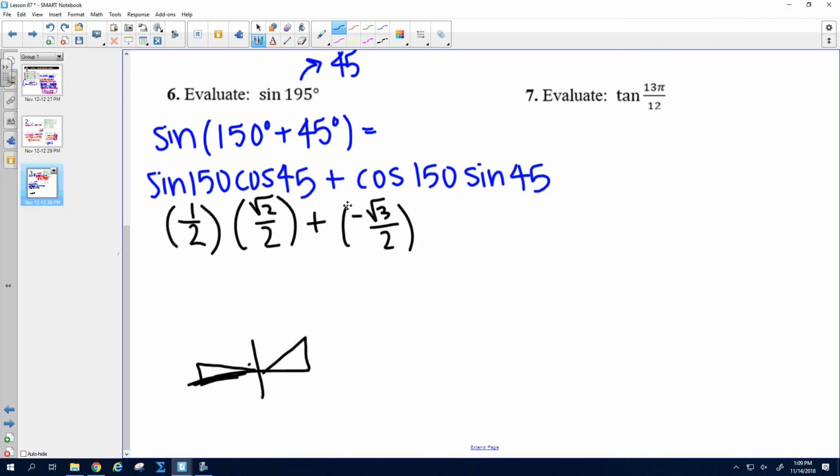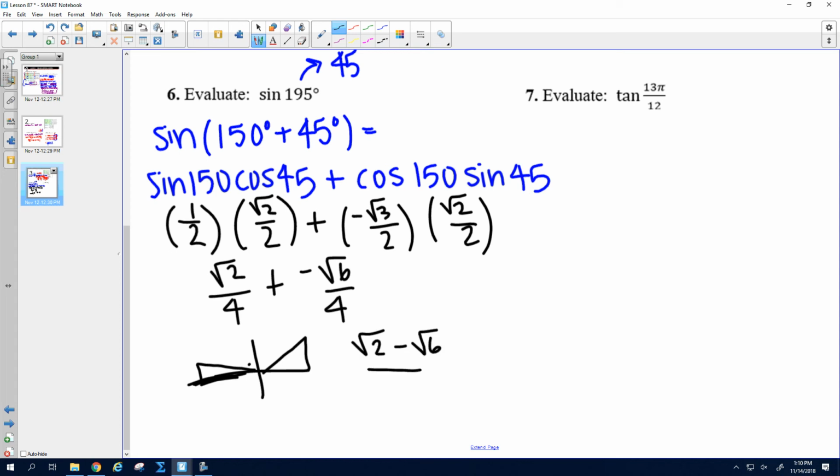That's the long leg. And then sine of 45 degrees is the square root of 2 over 2. Multiply straight across, that's square root of 2 over 4. And this would be negative root 6 over 4. And for your final answer, write it all over your common denominator.